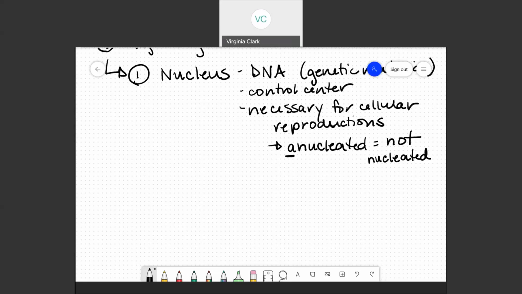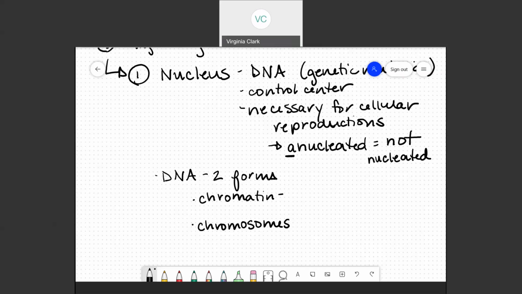Inside your nucleus, this DNA will actually be found in two forms. One of the forms you're probably highly familiar with, which is a chromosome. You're probably familiar with humans having 23 chromosomes, but there's also another form of DNA called chromatin.